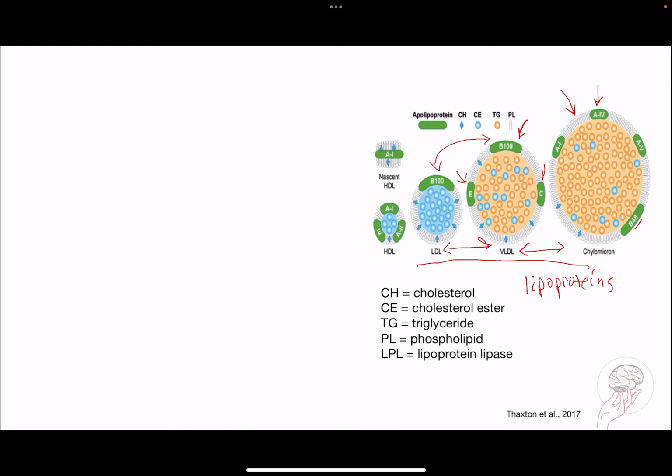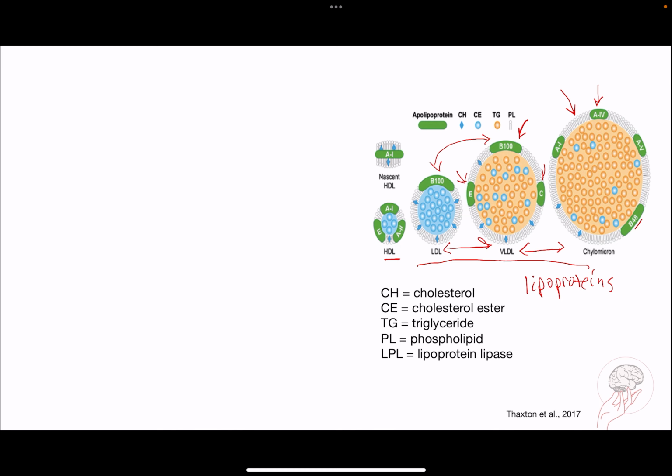They both have a B100, and then the HDL has different lipoproteins from the LDL, VLDL, and the chylomicron. So we can think that the proteins are what makes these lipoproteins different from each other.